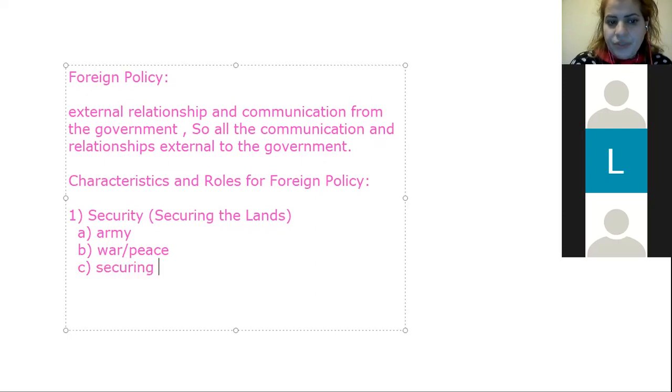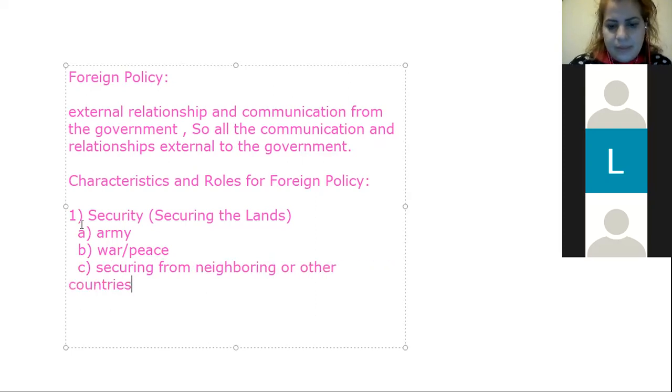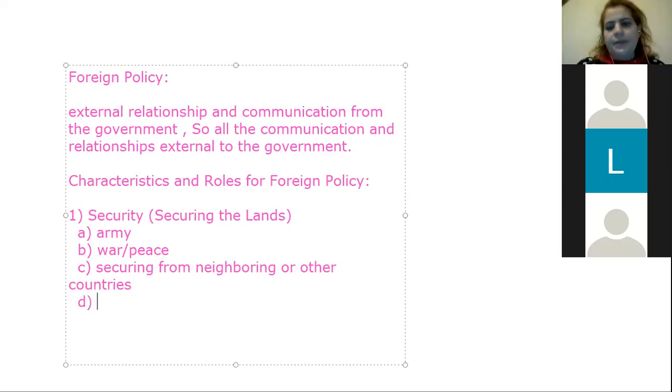Securing from neighboring countries, or other countries, right? Okay, so this is all security. Army, war, peace, securing from neighboring or other countries, and also security is part of internal and external threats to security.